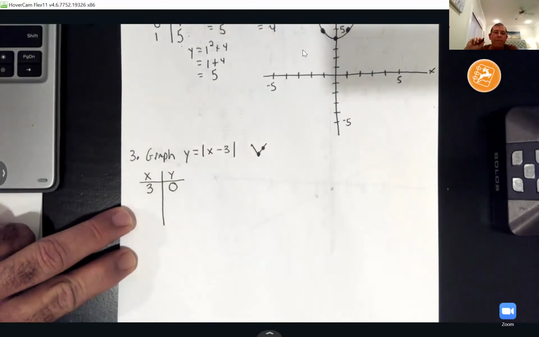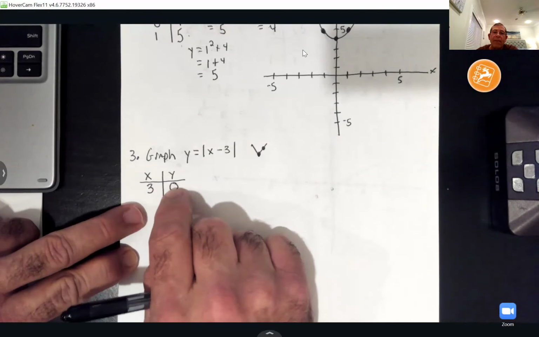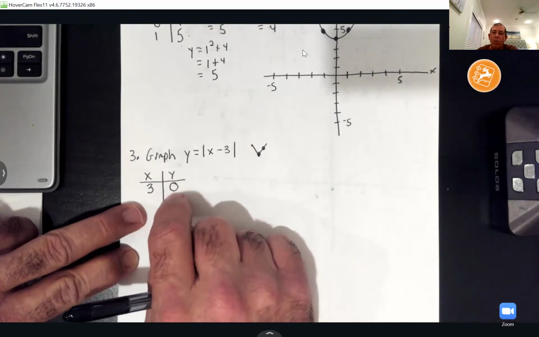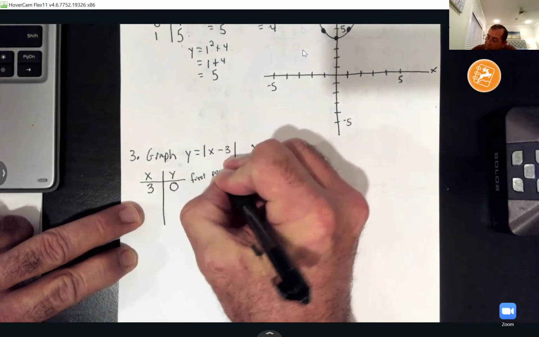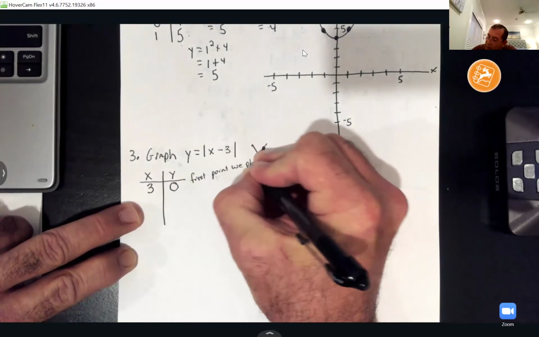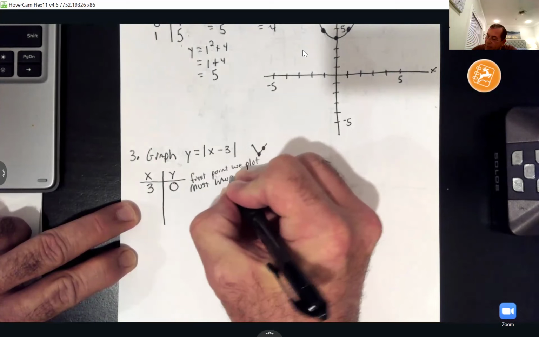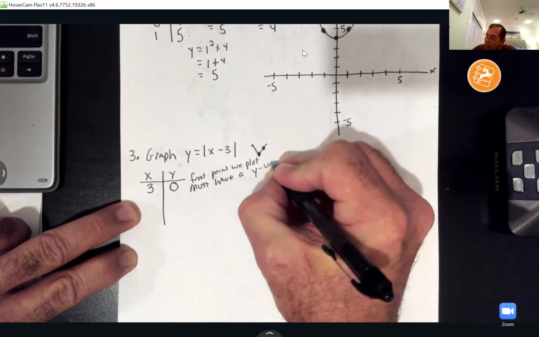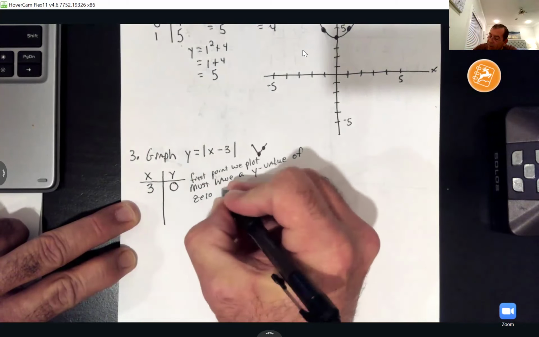So y'all, very important when you graph this, the first point we plot has to have a y value of 0 on this graph.